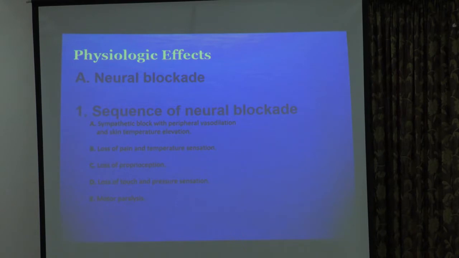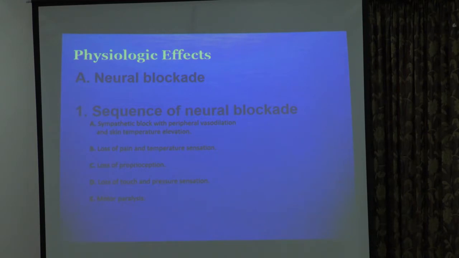That is better than asking them to raise the legs. And if that works, then you can move on to pain. Use a needle to prick the patient dermatome by dermatome gradually to check where your block is. And then it follows all the way to the motor. And when the spinal is recovering, it recovers in reverse order.